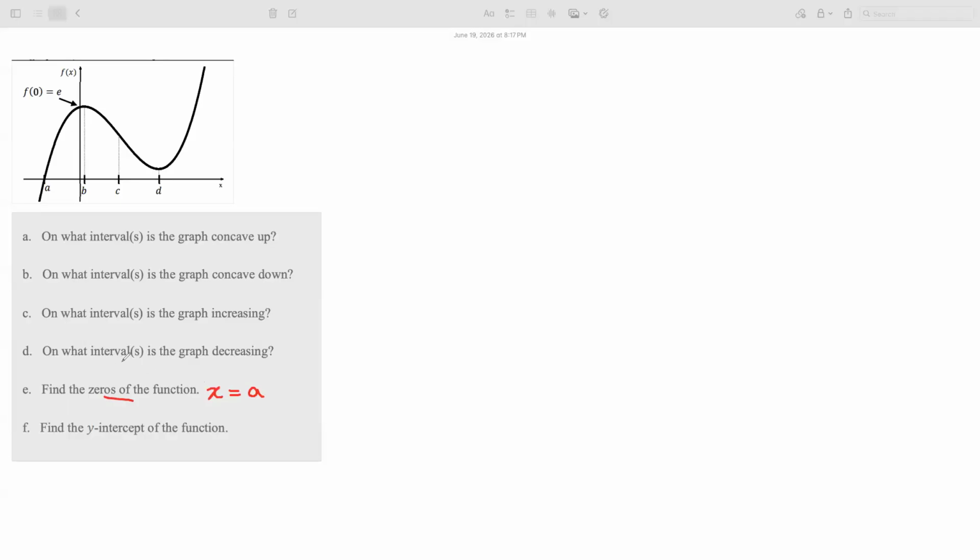And one more thing, what I noticed was this one. Oh, C, you corrected it. On what interval is the graph decreasing? Yeah, B to D. Sahana, correct.